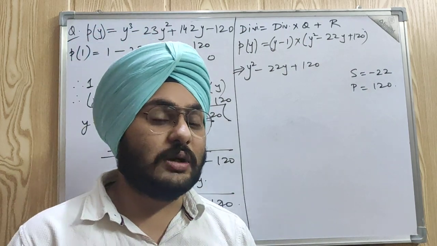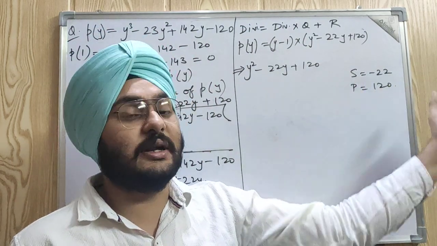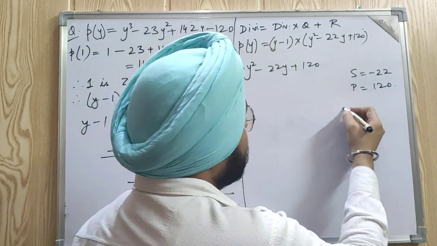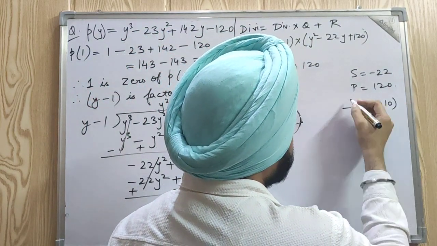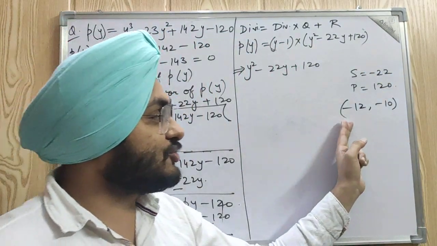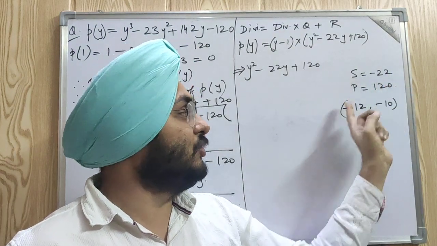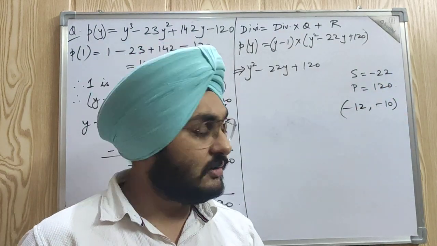So the two numbers whose sum is minus 22 and product is 120 are what? Minus 12 and minus 10 here. On adding, minus 22, and on multiplying you get positive 120.